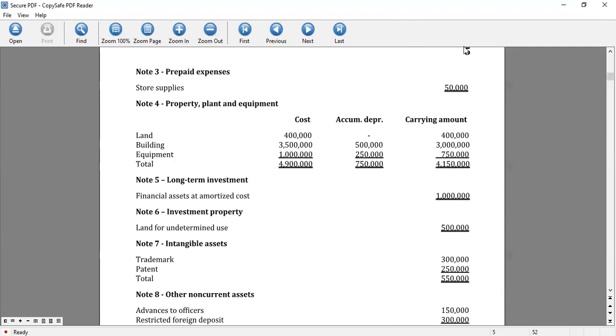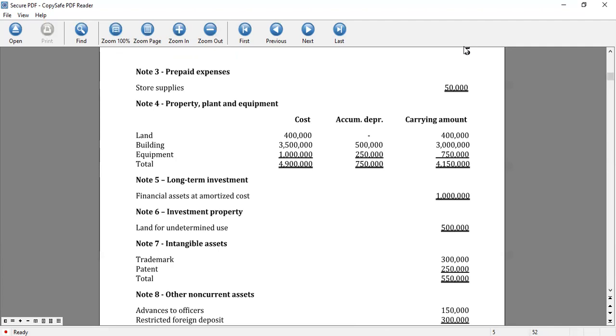And we have note number 8 for the other non-current assets: advances to officers for 150,000. Now, it's other assets, because the repayment date is indefinite, so it's not current.